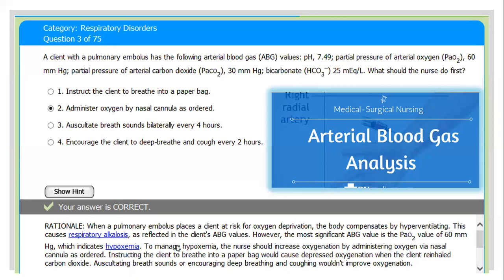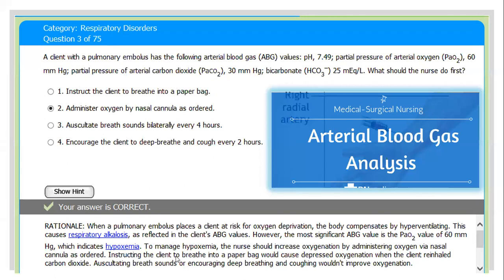So to manage hypoxemia, the nurse should increase oxygenation by administering oxygen via nasal cannula as ordered.